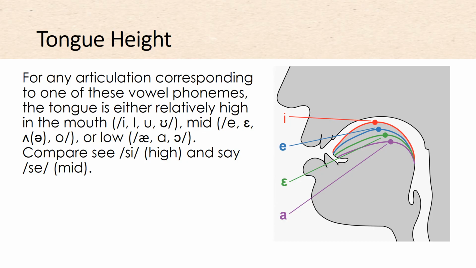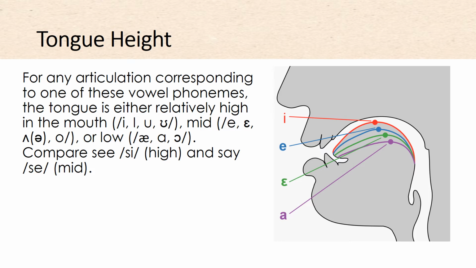Okay, so the vowel phonemes that were discussed in the previous slide are described in terms of the following physical dimensions. The first one is the tongue height. For any articulation corresponding to one of these vowel phonemes, the tongue is either relatively high in the mouth, mid, or low. So these are the vowel sounds that you can create depending on the position of the tongue in the mouth.